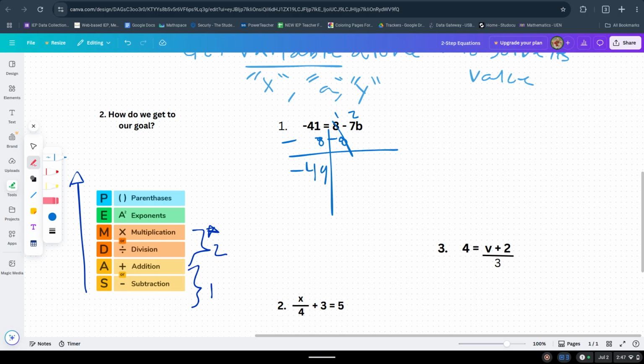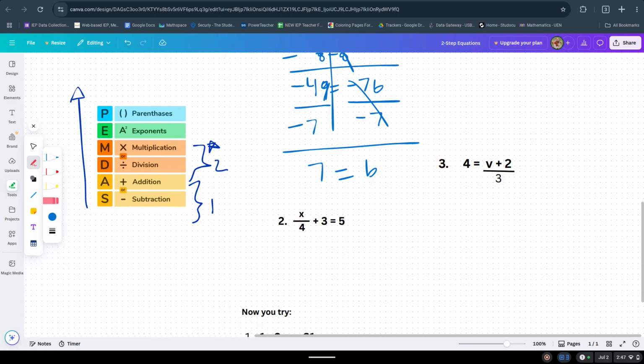Now we drop down what we have left, which is equal to -7b, and then we say, okay, what's happening between these two things? They're being multiplied, so doing the opposite, I want to divide. Divide by -7, divide by -7, sorry, that kind of looks like a 4, that's a 9. So -49 divided by -7 gives us 7, and those canceled, so now we have b. So that is how we do that example.